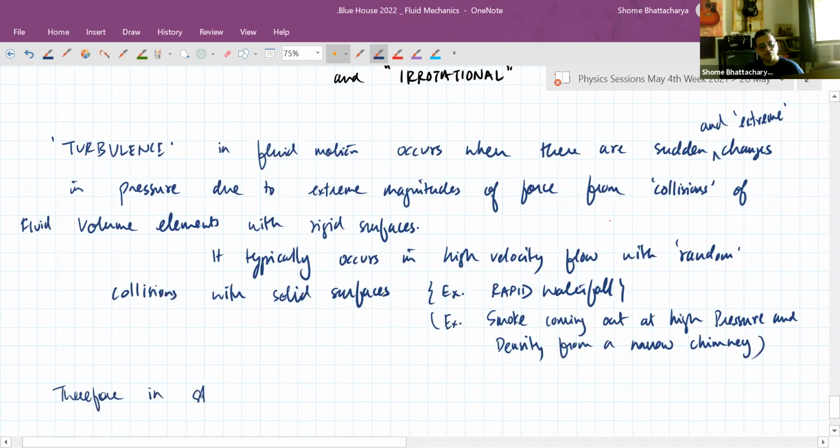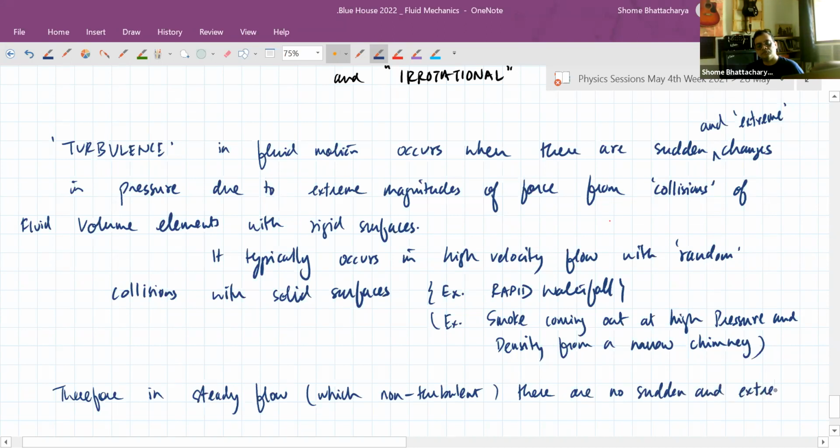Therefore, in steady flow, which is by definition also non-turbulent, there are no sudden and extreme changes in pressure at any point inside the fluid.